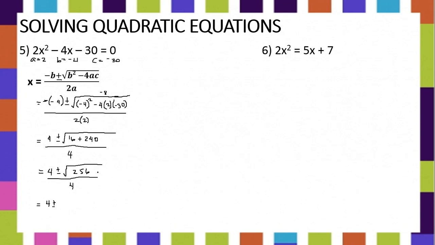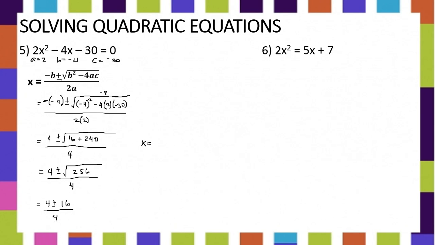Square root of positive 256, ilan yung square root niyan? 16 yata, if I'm not mistaken. Yan, tama. Square root of 256 is 16 over 4. Solve na natin yung x natin.